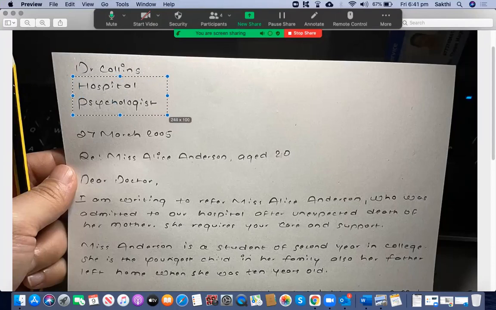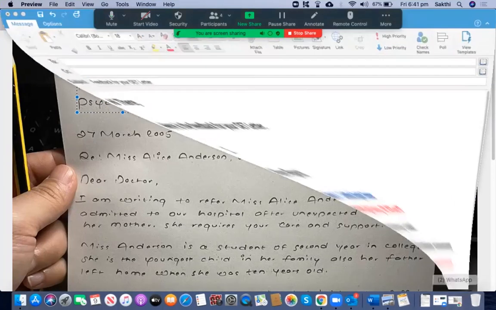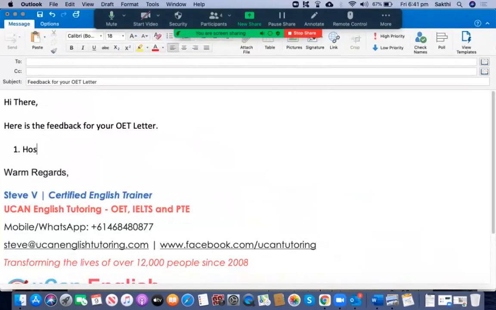Hospital psychologist. Okay. See, hospital and psychologist need to go together in one line itself. So don't write hospital and then in the next line psychologist. That's wrong.